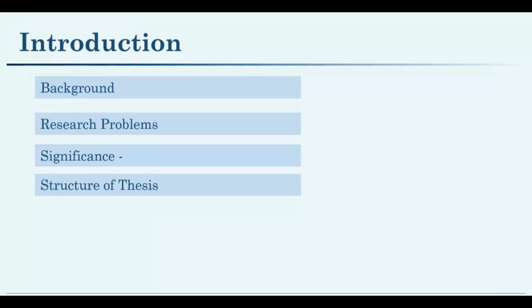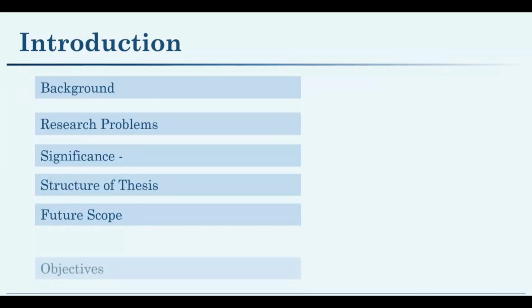In the introductory part, also give an idea about the structure of the thesis, meaning how many chapters there are: first chapter, second chapter, and so on. So write about each chapter, then the scope of your topic, and finally the objectives.